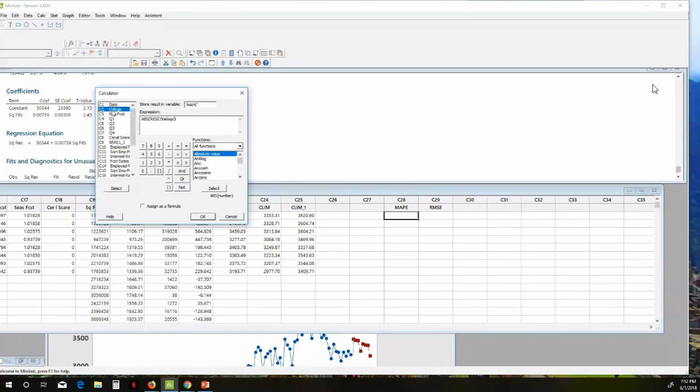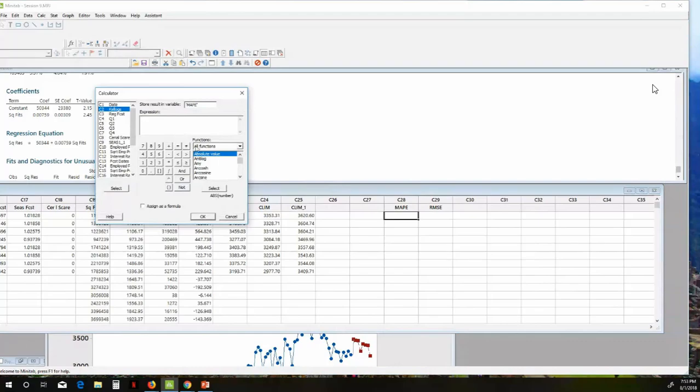Original Kellogg's revenue. I'm on the wrong side of the... No, let's start again.